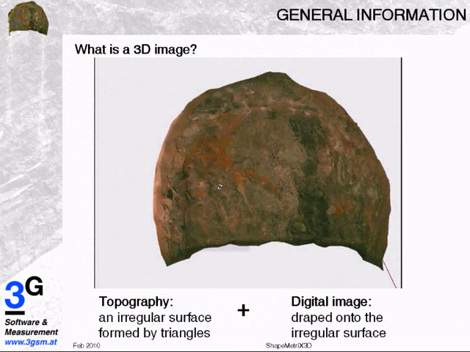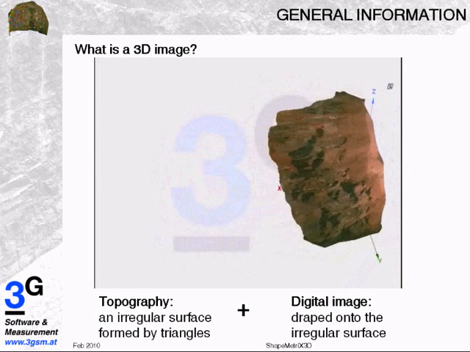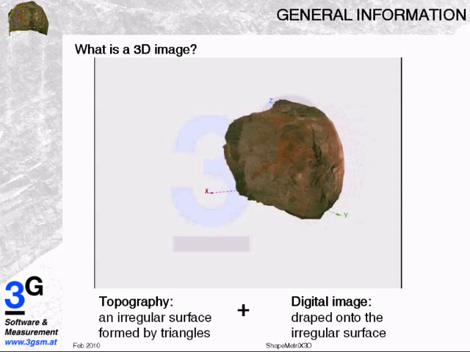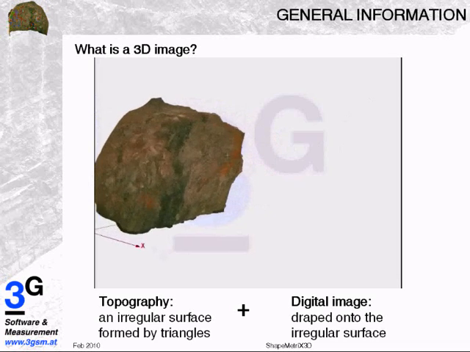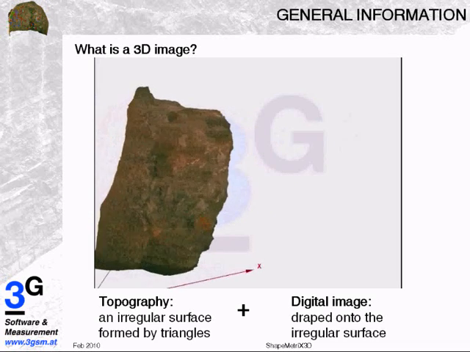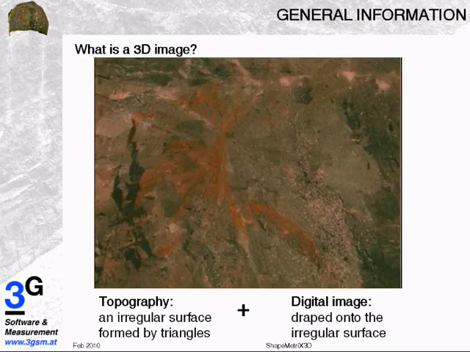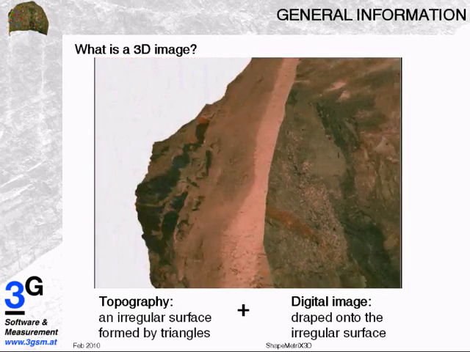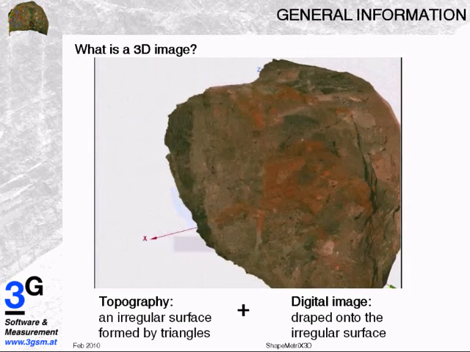So what's a 3D image? A 3D image is the combination of topographic information, which means X, Y, Z coordinates from points of the surface that are connected to each other to a surface mesh, and a real digital photograph that's draped over the 3D image.